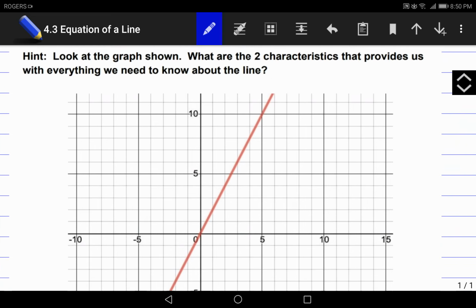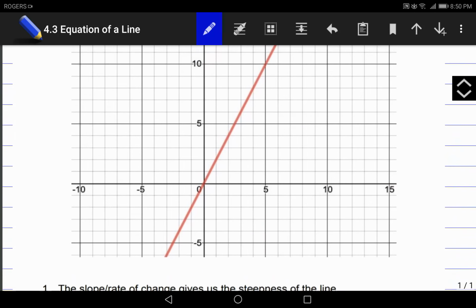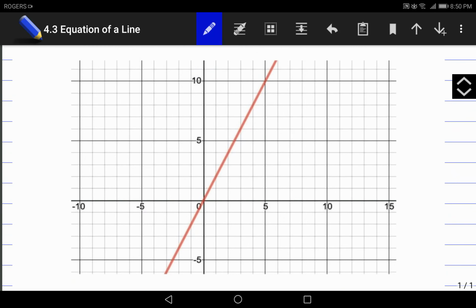There are two things. The steepness of the line is definitely going to be a factor, and in math we call the steepness either the rate of change or the slope. The slope or the rate of change definitely needs to be reflected in our equation.